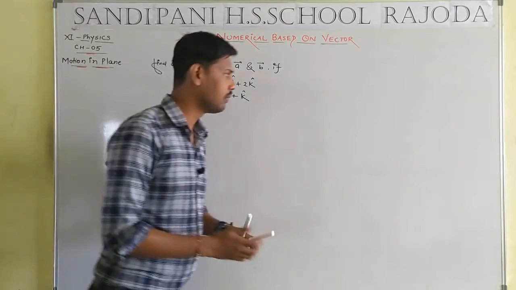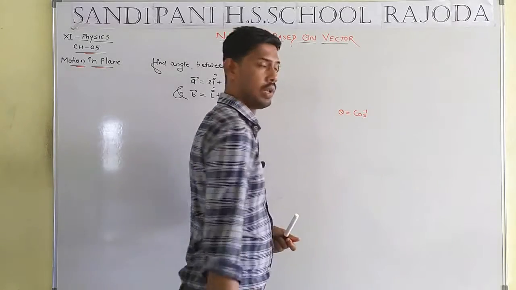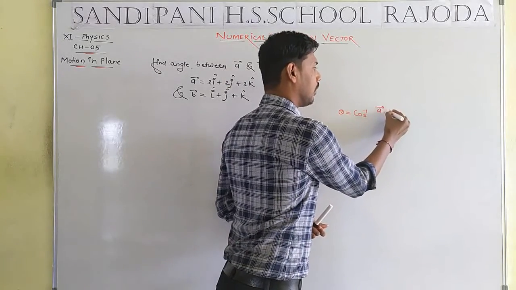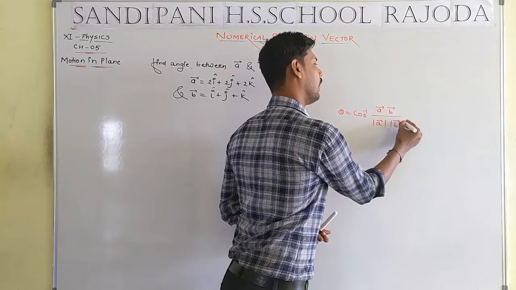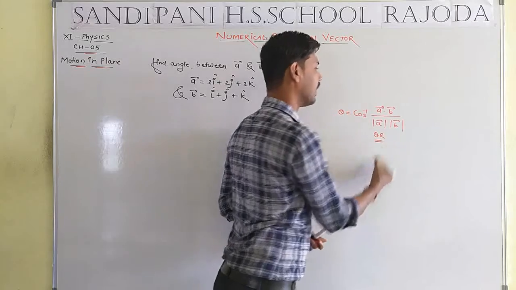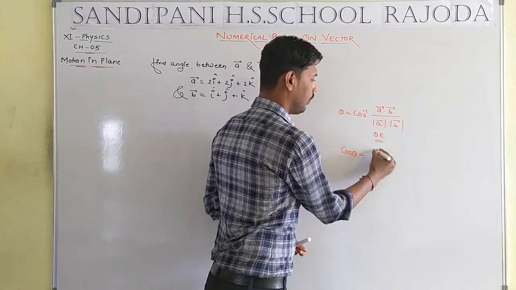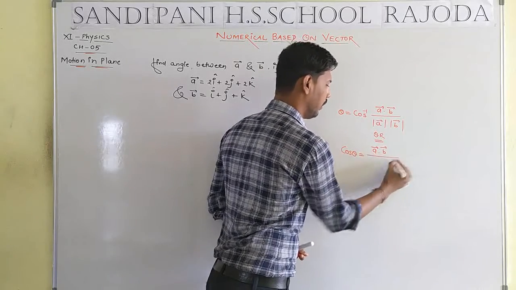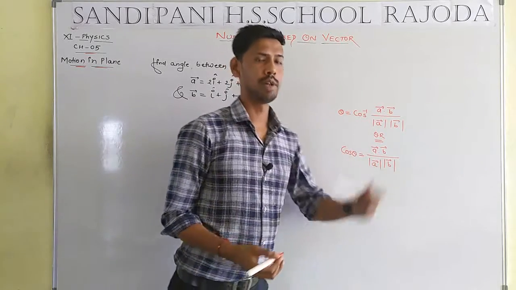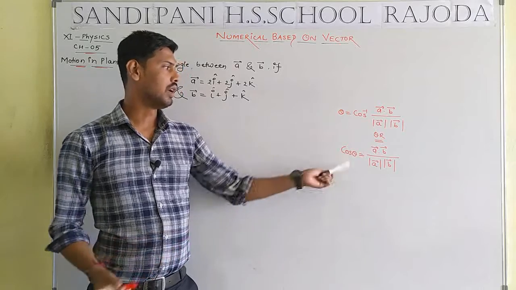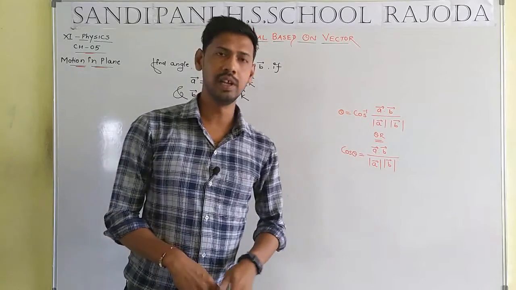What is the meaning of the angle? We have to calculate the angle, that means cos inverse of vector A dot vector B whole by mod of vector A mod of vector B. In another form, we can write cos theta is equal to vector A dot vector B whole by mod A mod B. Okay students, this is a small formula we have.